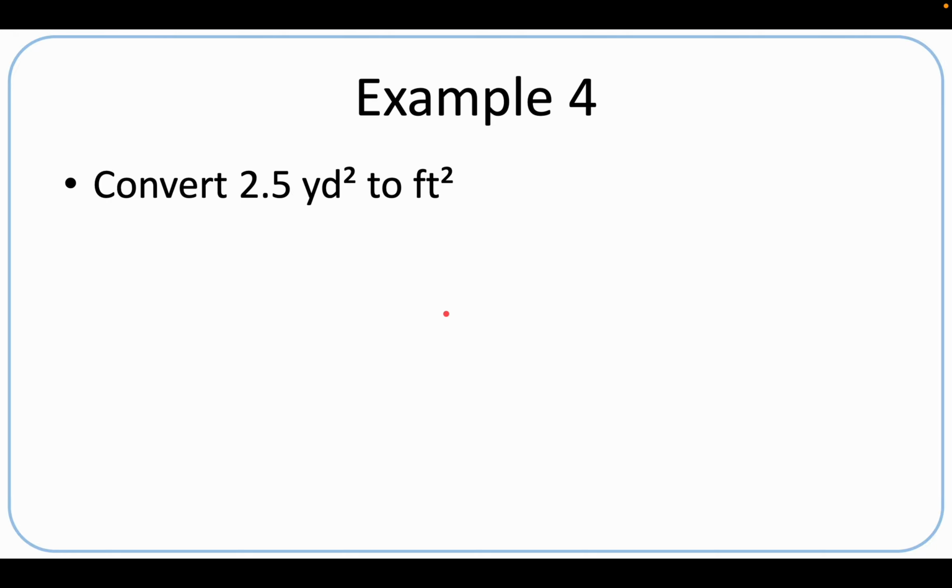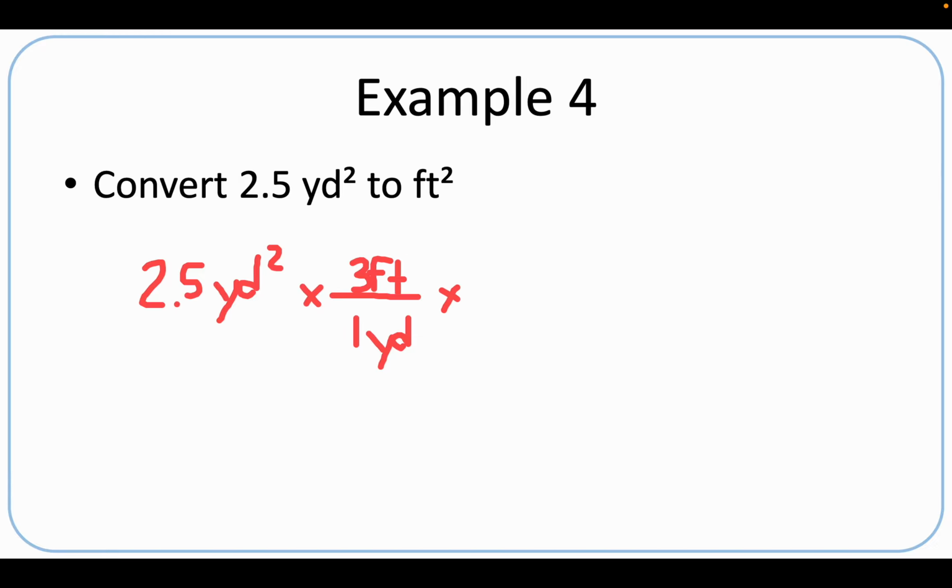Convert 2.5 square yards to square feet. So first we need to, and I'm just going to keep this as square yards here instead of writing yards times yard. And just remember that, okay, we are going to need two conversions to cancel out those square yards. So 1 yard is equal to 3 feet.